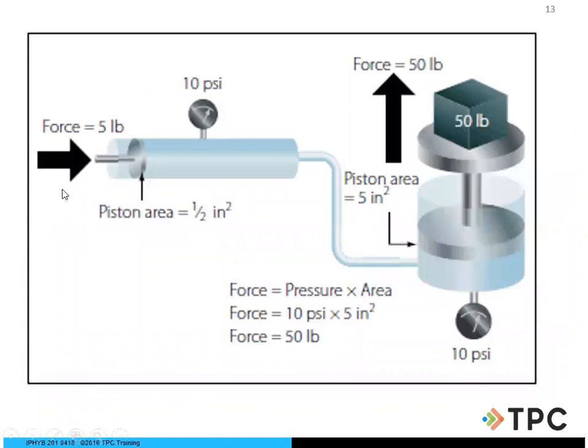And a little bit of example here. So we have our force moving through a cylinder with our piston here. We have a half square inch, right? So if you do the math on this, force equals pressure times the area, right? So we've got 10 PSI moving throughout the system through our gauges. And then we can move that 50-pound force, okay?